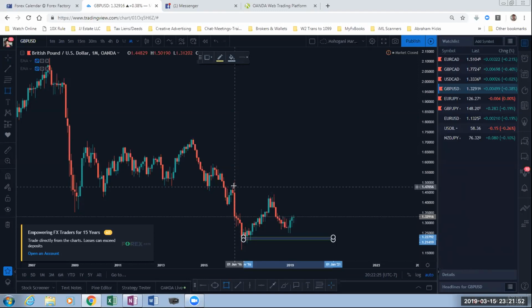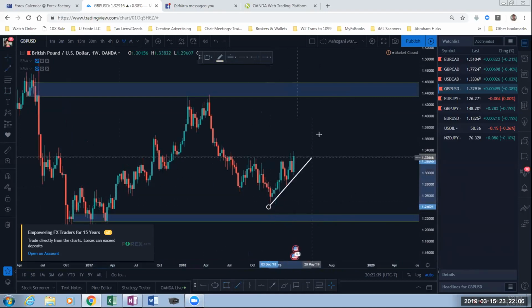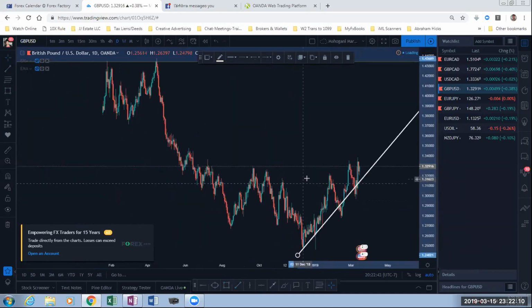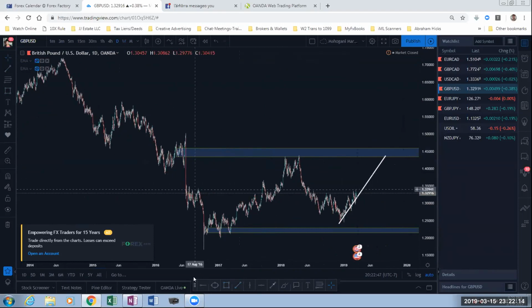You can take them off if you need to. Like when I'm using this chart, if you want something simple, most recent low, most recent high. Weekly, it's currently going in the uptrend. I'm expecting for this to go all the way up here. Daily, I'm at the middle. I'm at the middle.